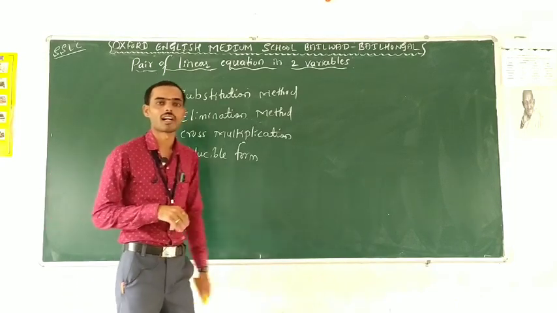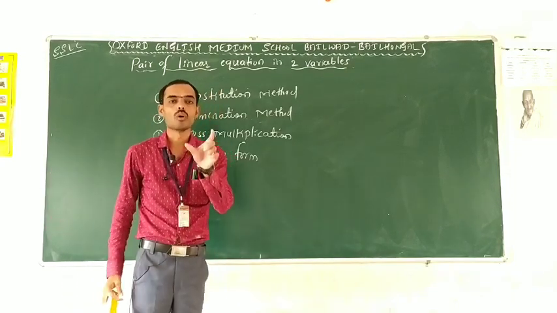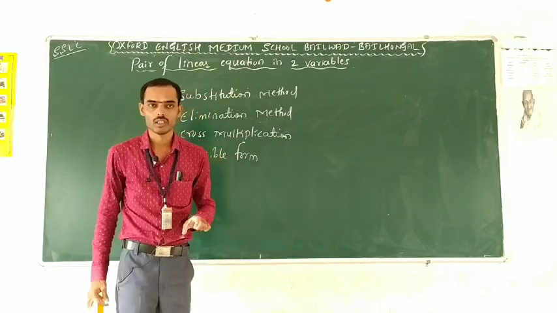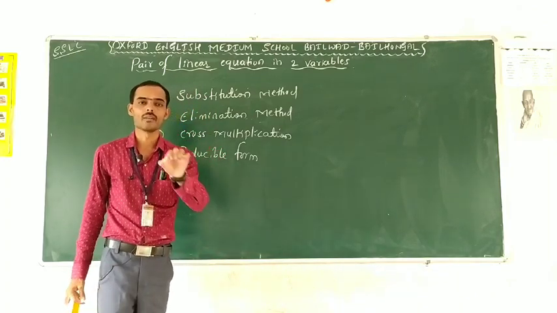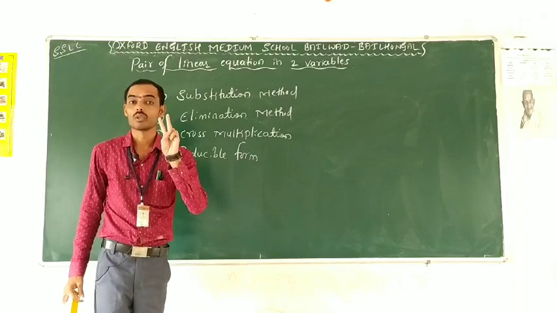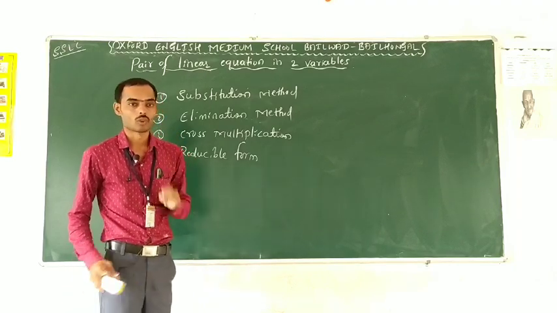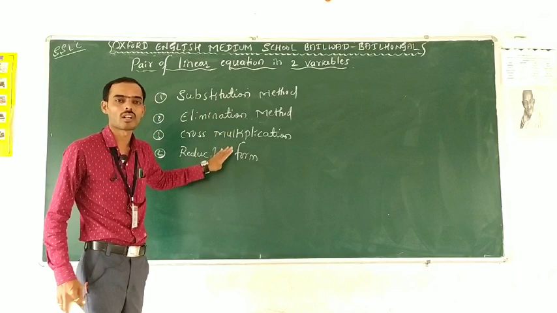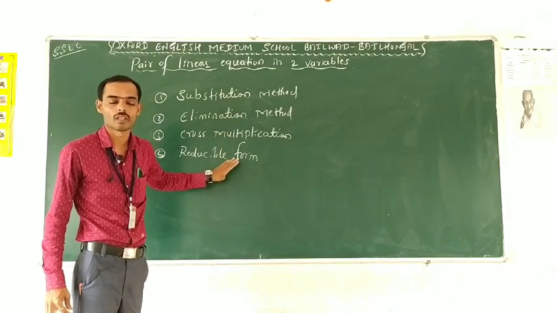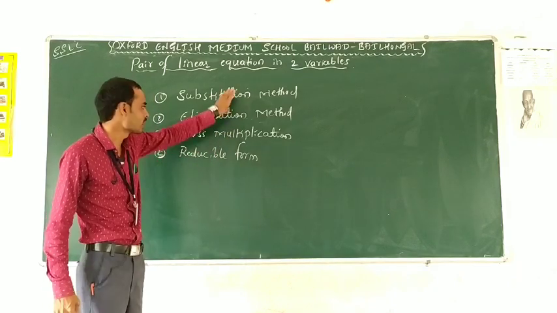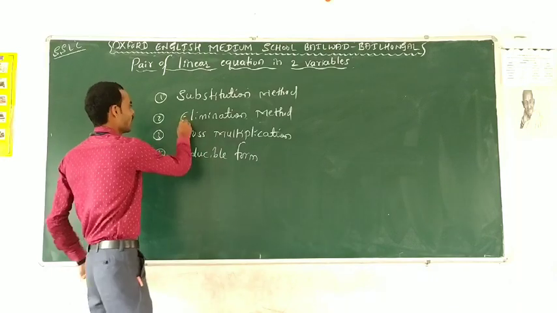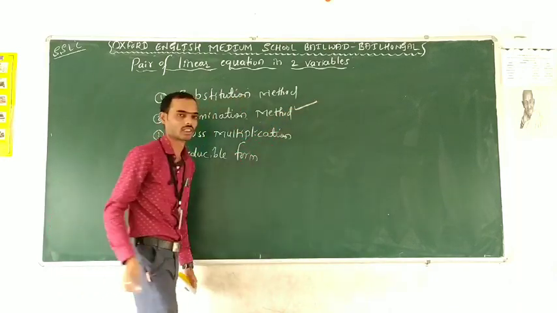In the examination they will ask one question. They will give linear equations and ask you to find the value of x and y. They have given two equations, so by using any one of the methods, you can find the value of x and y. Of these four methods, the second one, the elimination method, is very important for the examination.